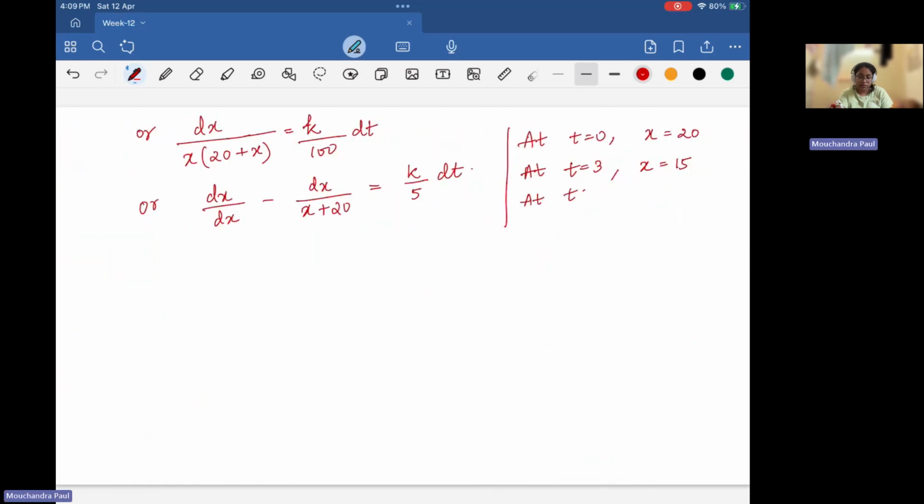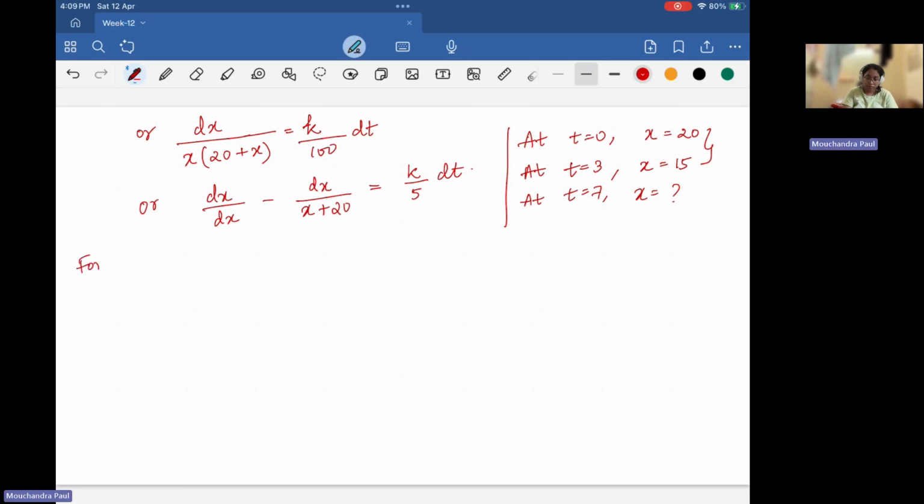So at t equals 7, we have to find the value of x. First, we have to find the value of the proportionality constant k. So we can do that using these two conditions.